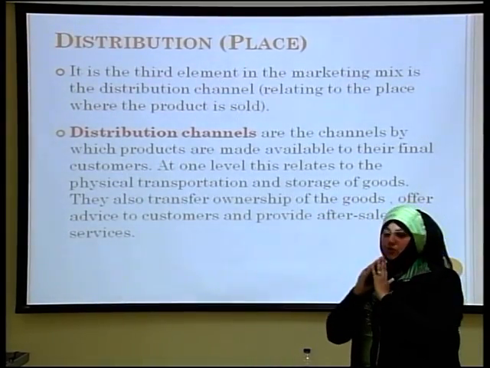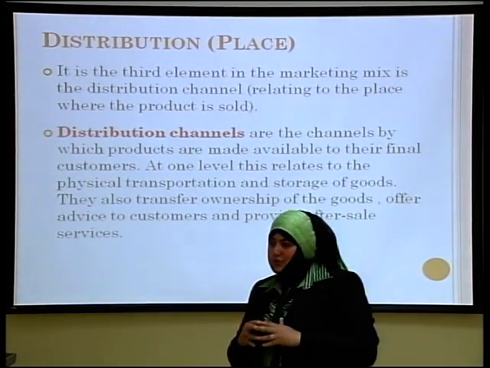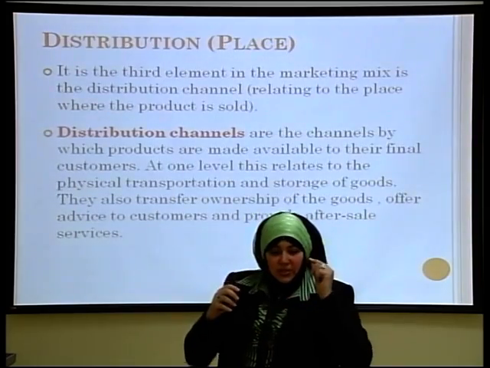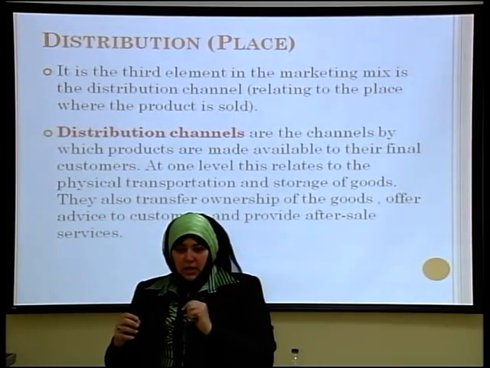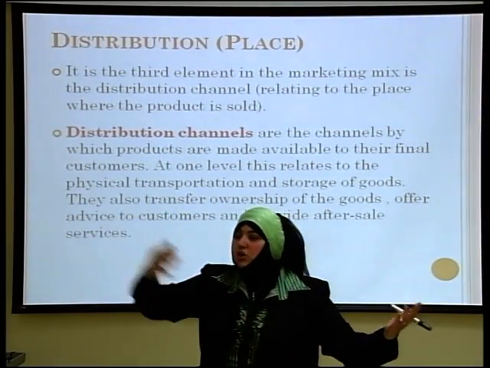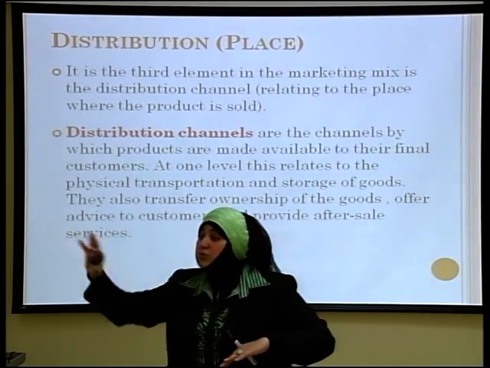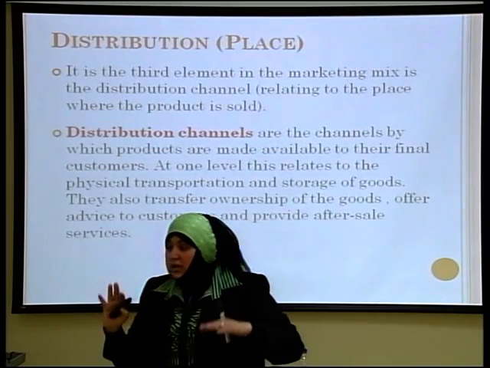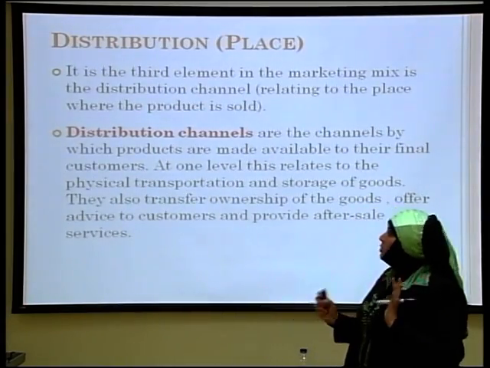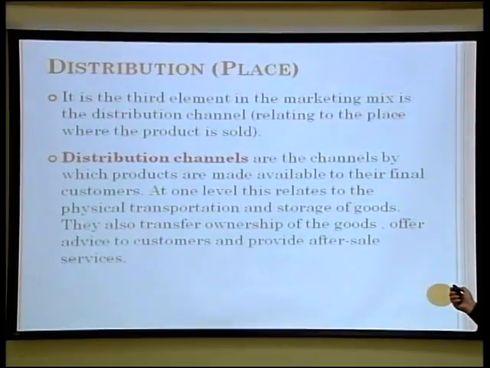When we talk about distribution, we mean how to make the product accessible to consumers, how to sell this product, how to deliver the product from the manufacturer to the consumers. Do we need intermediaries or directly from the producer to the consumer? It depends. It depends on the industry, on the product, on the budget, on different aspects. Okay? So let's go through it quickly. It is the third element in the marketing mix.